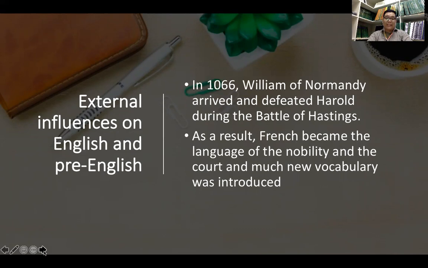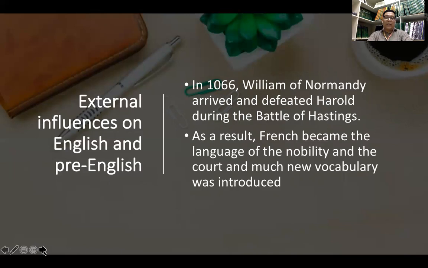In 1066, William of Normandy arrived and defeated Harold during the Battle of Hastings. As a result, French became the language of the nobility and the court, and much new vocabulary was introduced. So if Latin was introduced to the English language and later on contributed some loan words to the English vocabulary because of religious conversion to Christianity, French came in because of political reasons.